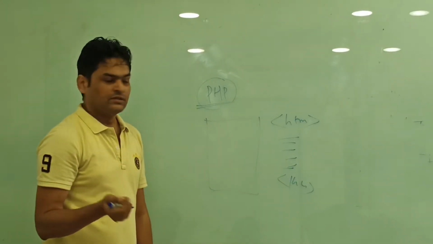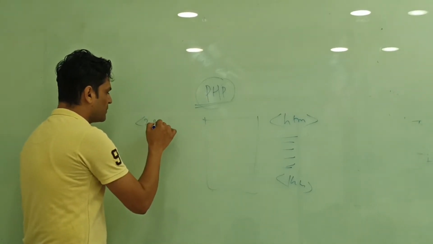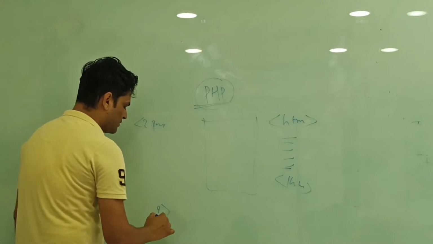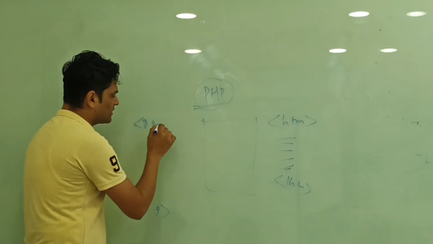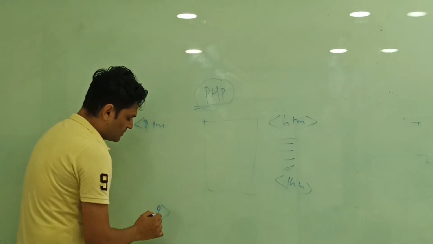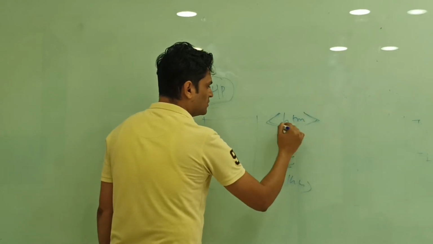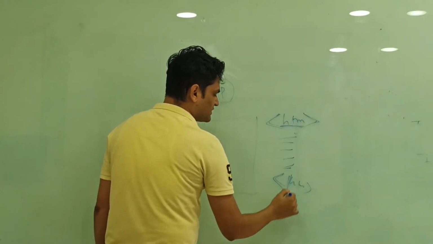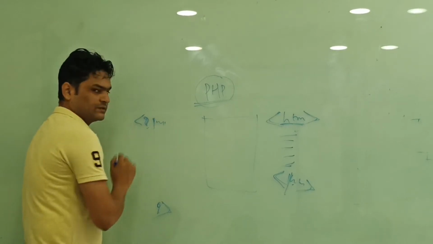Similarly, when you start writing code in PHP, there is open PHP and close PHP. Open PHP means angular bracket, question mark, PHP, and close with question mark and angular bracket. This is called angular bracket, all of you know. This is the HTML, angular bracket slash HTML. Similarly, angular bracket, question mark, PHP.